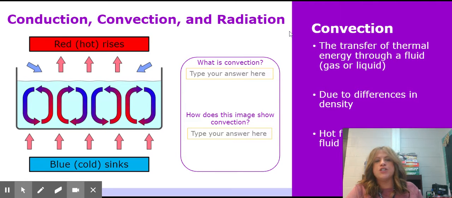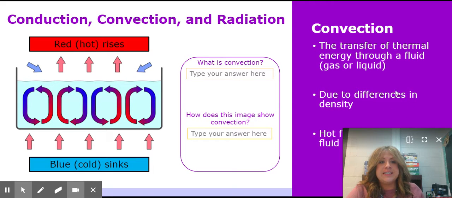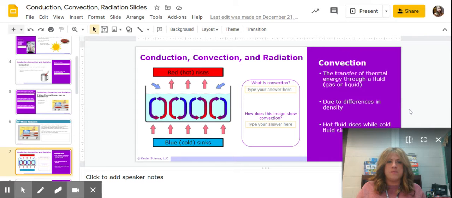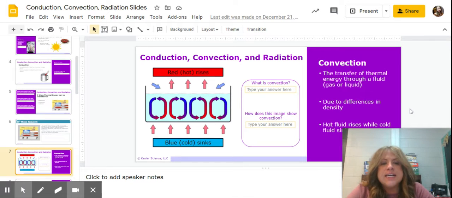So convection is a transfer of thermal energy through a fluid. Thermal is heat again. So the transfer of thermal energy through a fluid, which is a gas or a liquid, due to differences in density. Density is how thick something is.